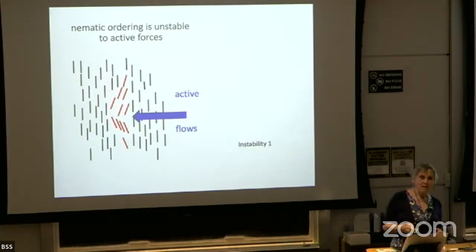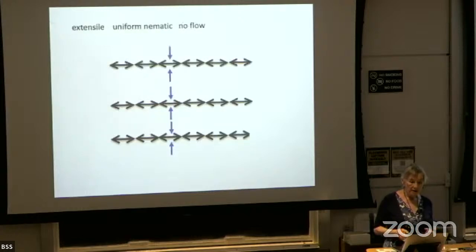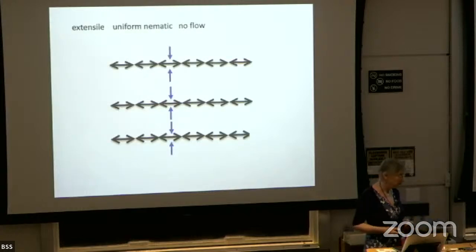Let's do that a bit more carefully. Same thing. See how these flows balance each other. The black things on my slides here are those little nematogens. Let's have them being extensile, so they're pumping fluid out from the ends and in from the sides. And here I've got a lovely state of perfect nematic order, so a load of swimmers like a load of soldiers moving along.